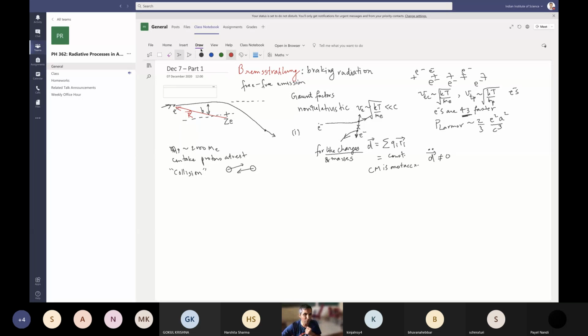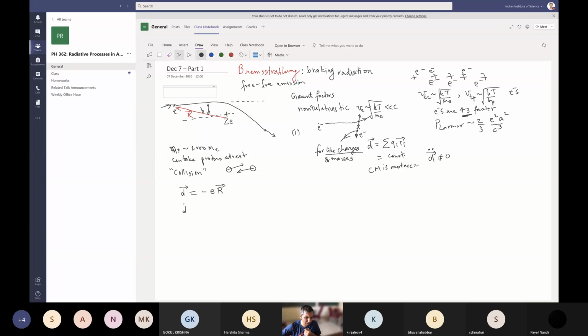So what is the dipole moment? If you are considering only one electron interacting with one ion, the dipole moment is given by minus e r, right? Summation q_i r_i.